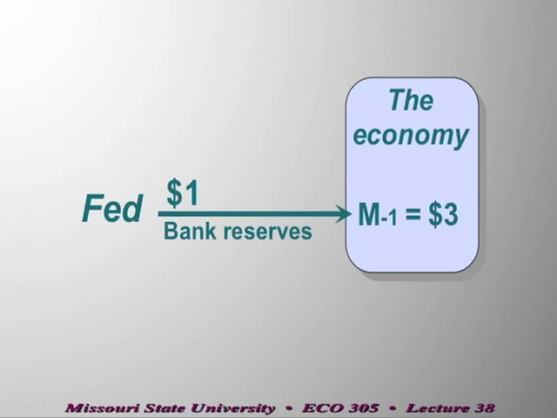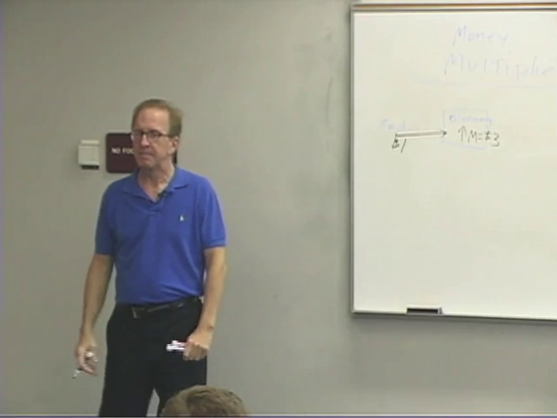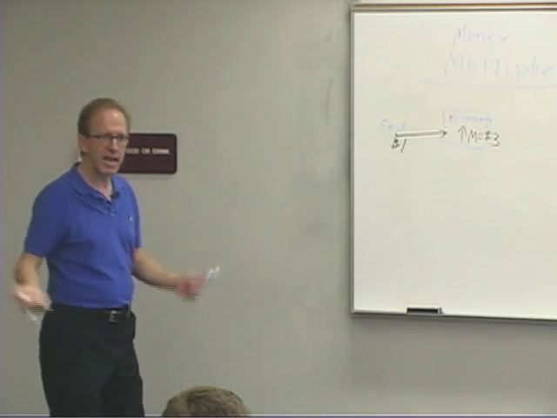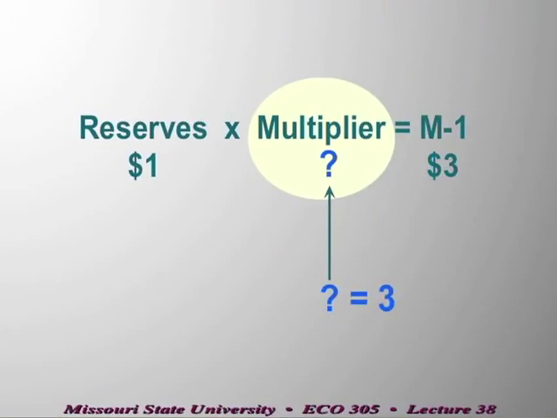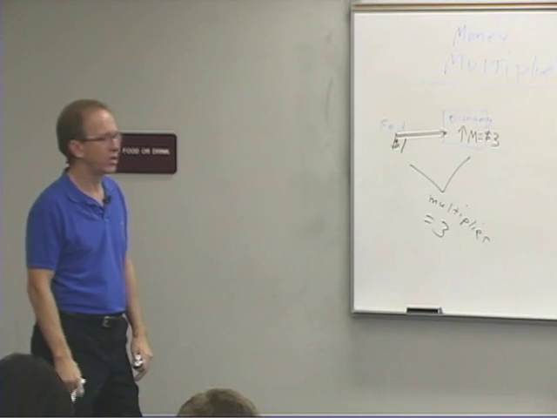Then we notice that within the economy there's an increase in the money supply of, let's say, $3. How could $1 become $3? The answer is there's a multiplier, and in this particular case it is 3. I'm using these numbers as hypotheticals.